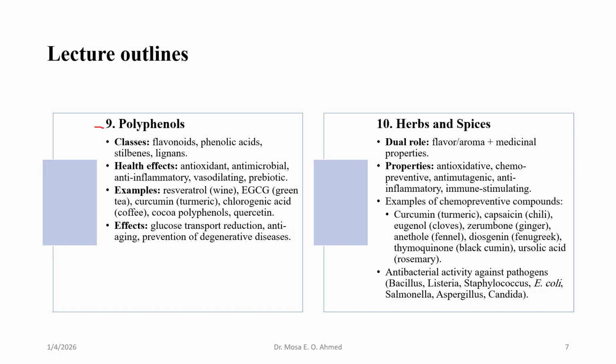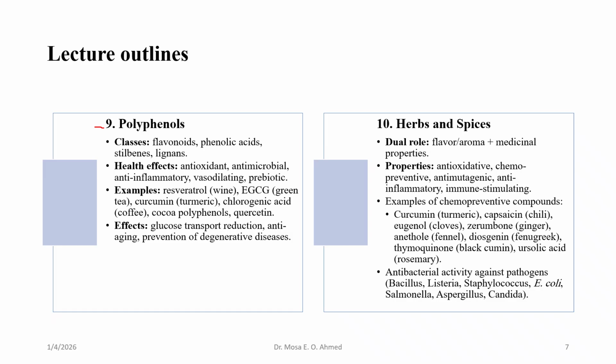All these classes of secondary metabolites or nutraceutical polyphenols have health effects including antioxidant, antimicrobial, anti-inflammatory, vasodilating, and prebiotic effects. Examples of polyphenols belonging to the previously mentioned classes include resveratrol, obtained from wine, EGCG, epigallocatechin gallate, another polyphenol isolated from green tea, curcumin from turmeric, chlorogenic acid in coffee and cocoa, and quercetin.